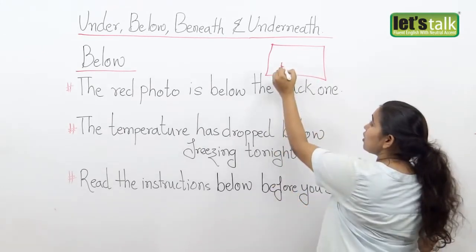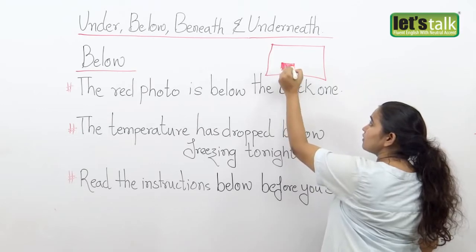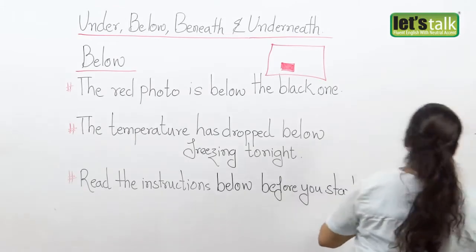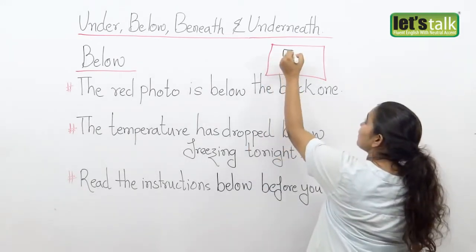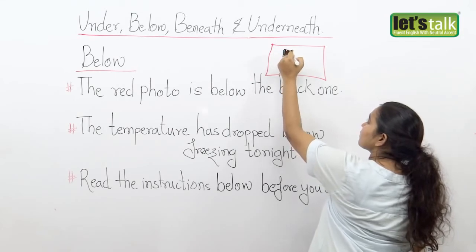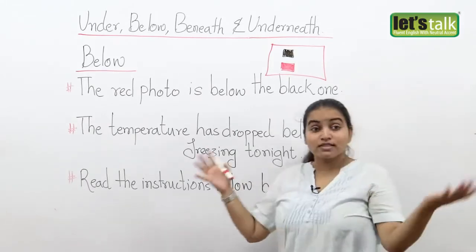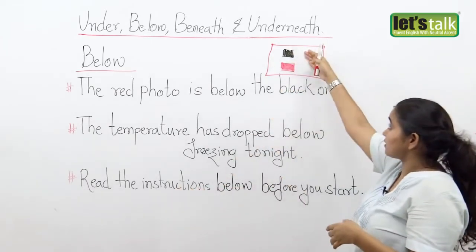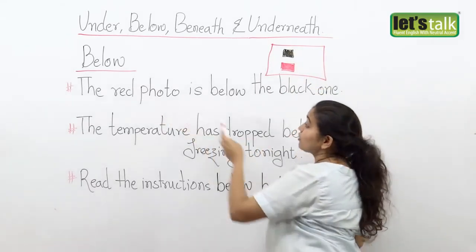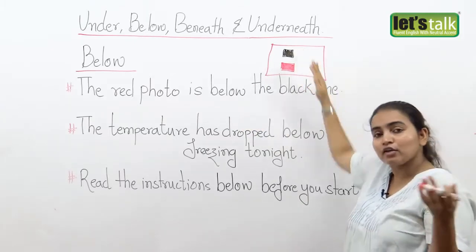Okay, so I will draw a red photo. Okay, and now we will have a black photo. Well, it doesn't take a rocket scientist to figure out which one is up there and which one is down. The sentence says that the red photo is below the black one, and that is true.